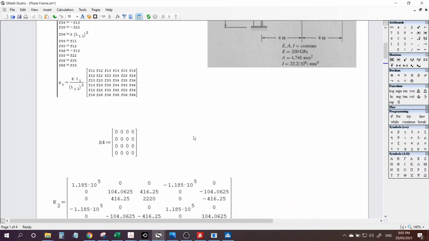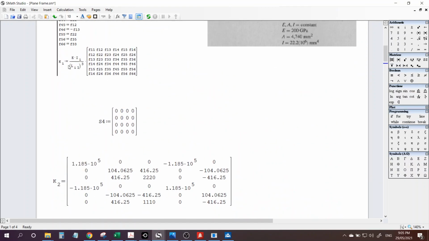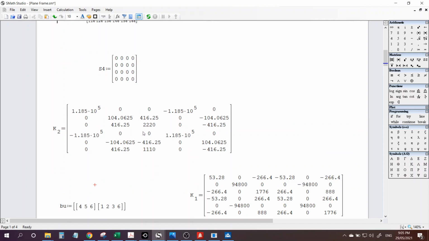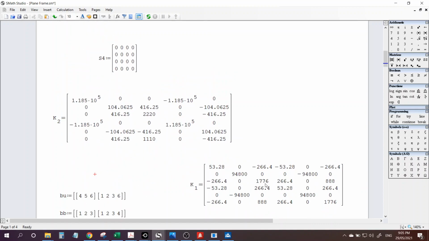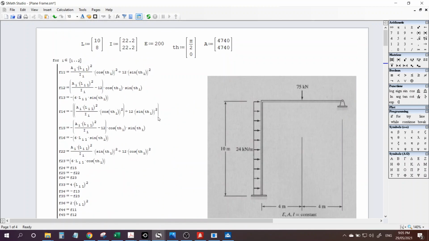Next, by the way, after implementing this, we have here K sub 2 and K sub 1. Take note, this is already the global stiffness matrix because we already considered the theta, the inclination. Member 1 is inclined pi over 2. Pi over 2 is 90 degrees because SMAT by default is in radian.